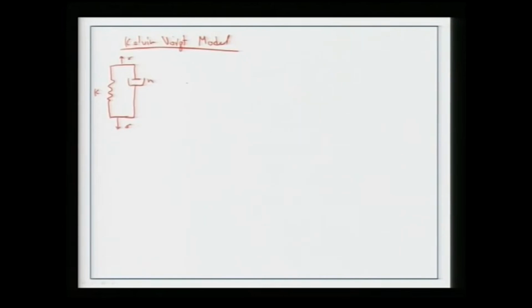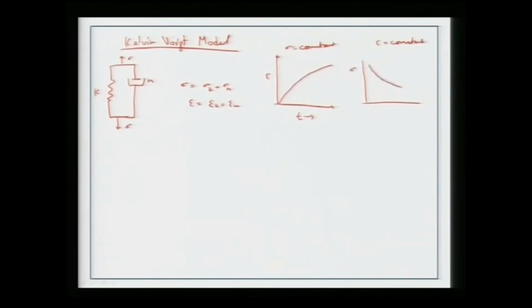In this case, the stress sigma is now being shared between the component K and the component N, whereas the strain is similar in both cases. Overall, when sigma is constant, the strain gradually increases with time, whereas when epsilon is constant, we have stress relaxation occurring.